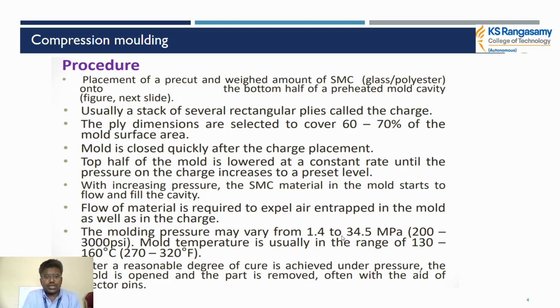With increasing pressure, the SMC material in the mold starts to flow and fill the cavity. The temperature of compression molding is maintained at 270 to 320 degrees Fahrenheit, and the pressure is maintained at 1.4 to 34.5 megapascals in the compression molding machine.